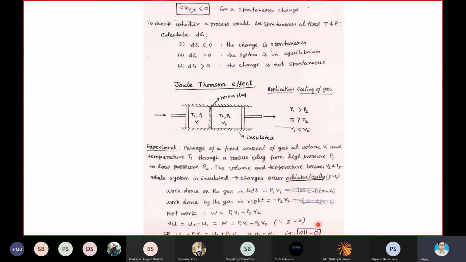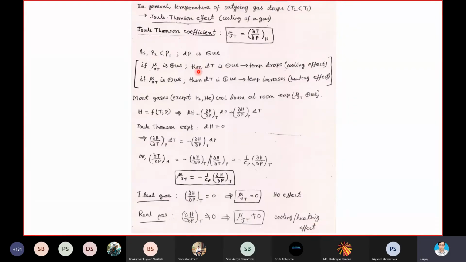So from here we showed that there is no enthalpy change during this entire process. Now, what we see in general is a decrease in temperature, so the temperature drops on the right hand side. This is known as Joule-Thomson cooling, or the effect of pressure on temperature basically.